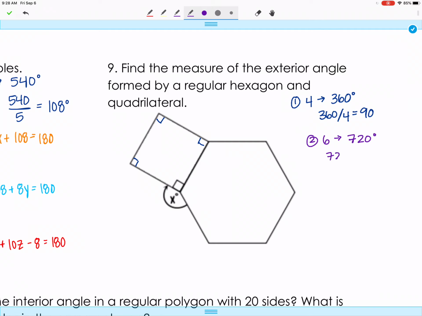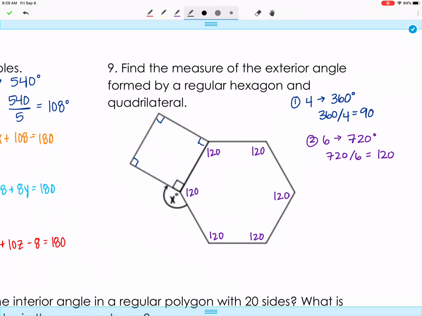And if it's regular, 720 divided by 6 means that each of the angles on the inside is 120. Okay.